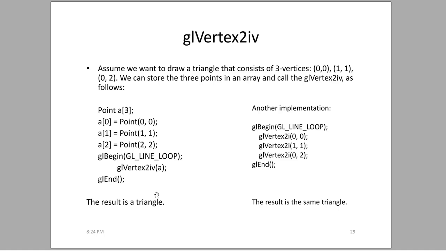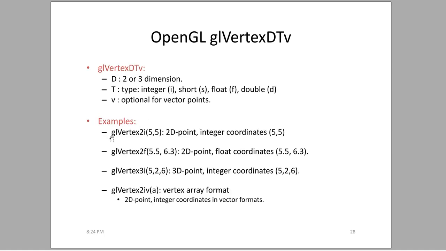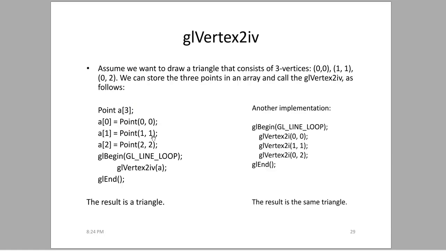So how does the array work? If you want to draw a triangle which has three vertices, 0 0, 1 1 and 0 2, for example, either we use glVertex2i three times: glVertex2i 0 0, again glVertex2i like 2 2, and glVertex2i 0 3, etc. We pass this three times, and every time it represents a point.